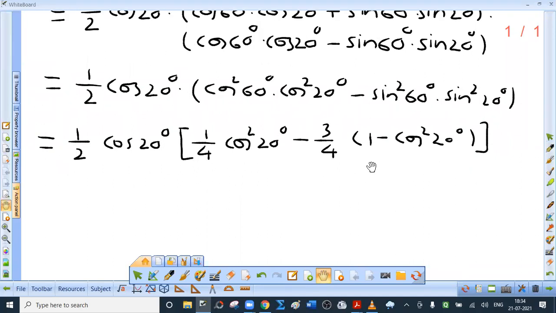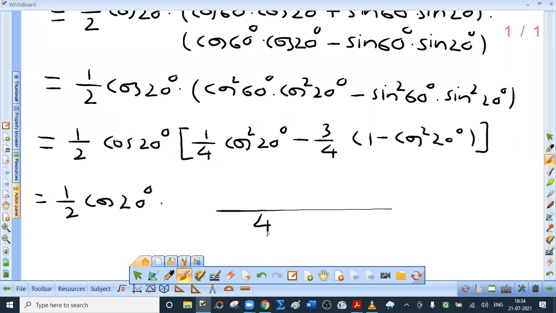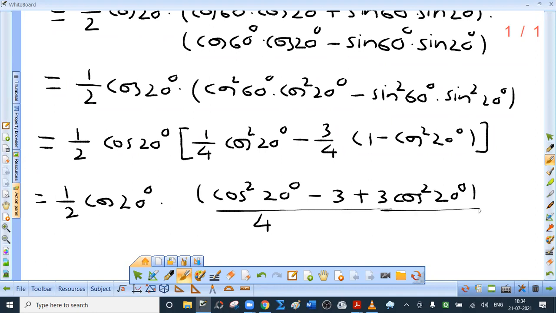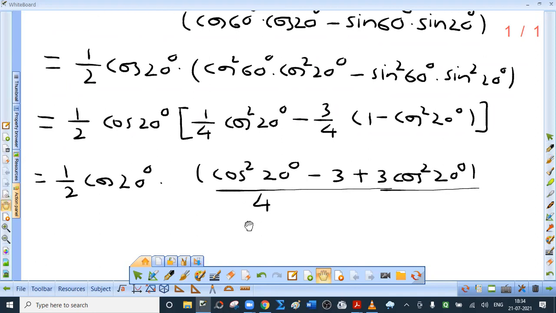Now next step, write down. So this is half cos 20 degree. Now I will find the LCM, that is 4. So it is cos square 20 degree minus 3 plus 3 cos square 20 degree, because each term should be multiplied by minus 3.